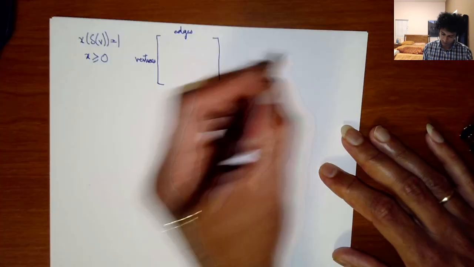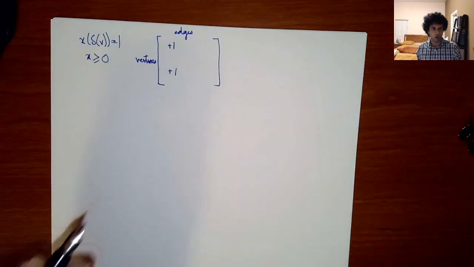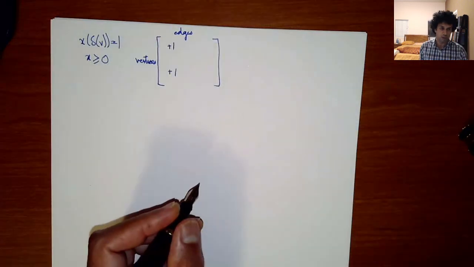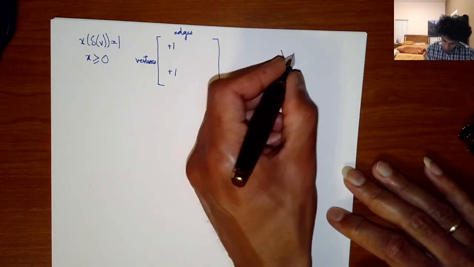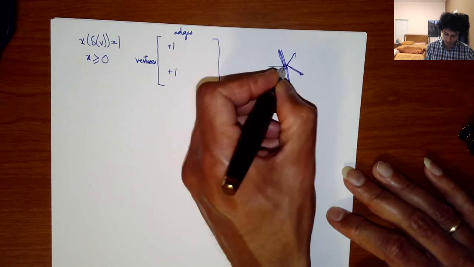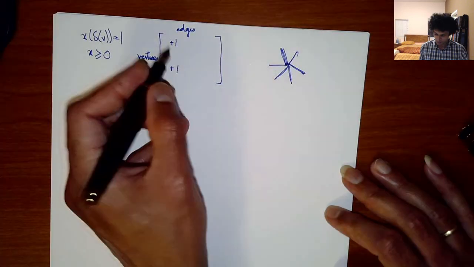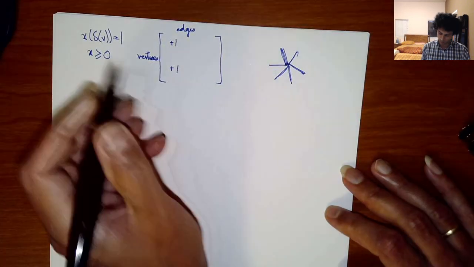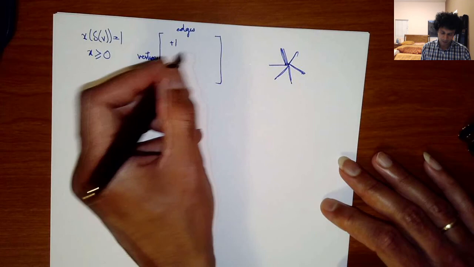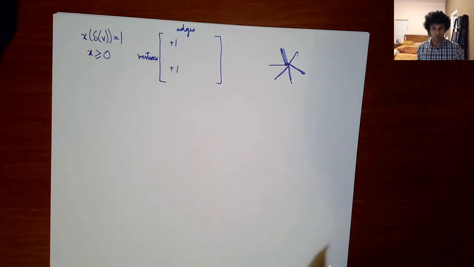So it's going to appear as a +1 over here and also as a +1 here, because I'm simply summing up the variables for each of those edges for every vertex. And so I just get a +1 everywhere. And so this matrix by itself isn't totally unimodular.